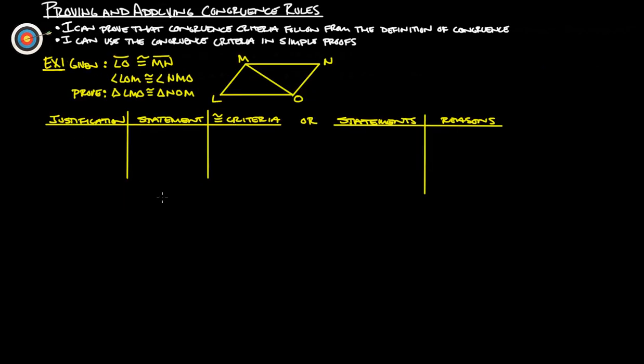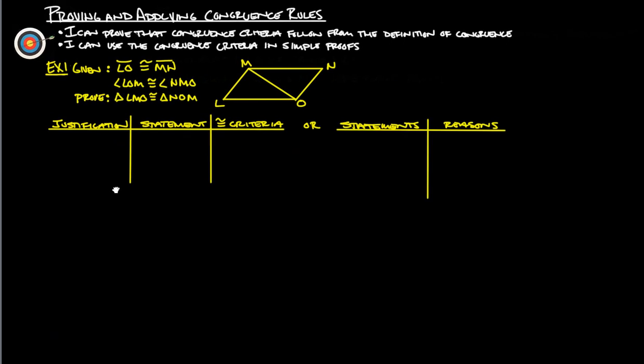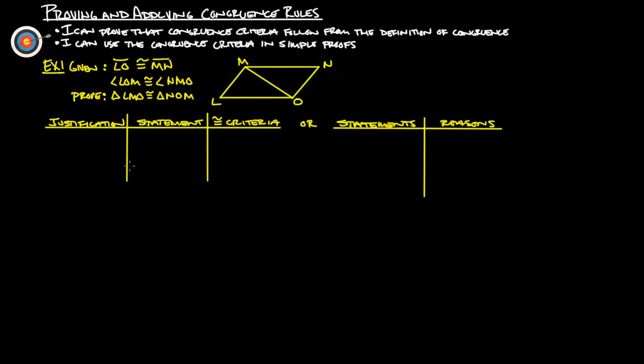So here's example one, just a proof that we have. Given LO is congruent to MN. First thing I would do is, as soon as we get the given pieces, mark it up on our diagram so we know what's going on. So LO, this here, is congruent to MN.